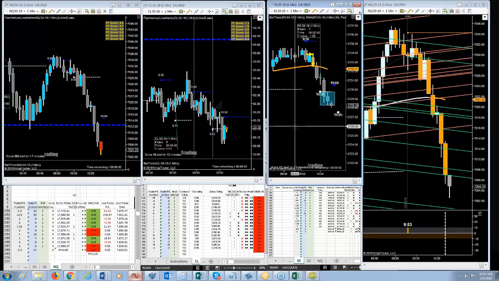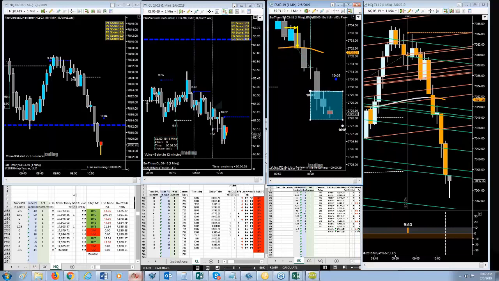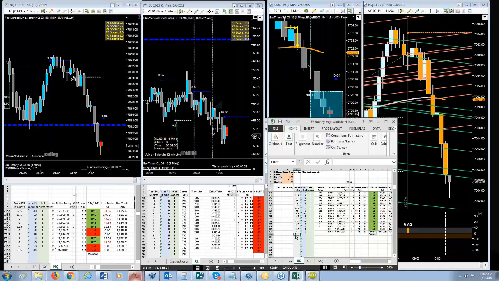So you have 1.5 points there if you want it. 2 points would be 27.75 right there. I'm going to call it at 6 ticks on the ES, and we'll log 1.25 points and 1.5 points.